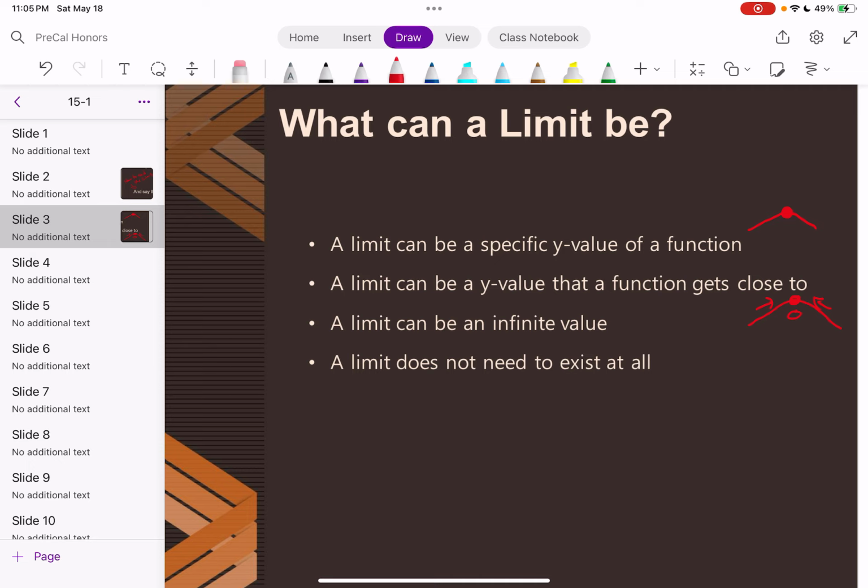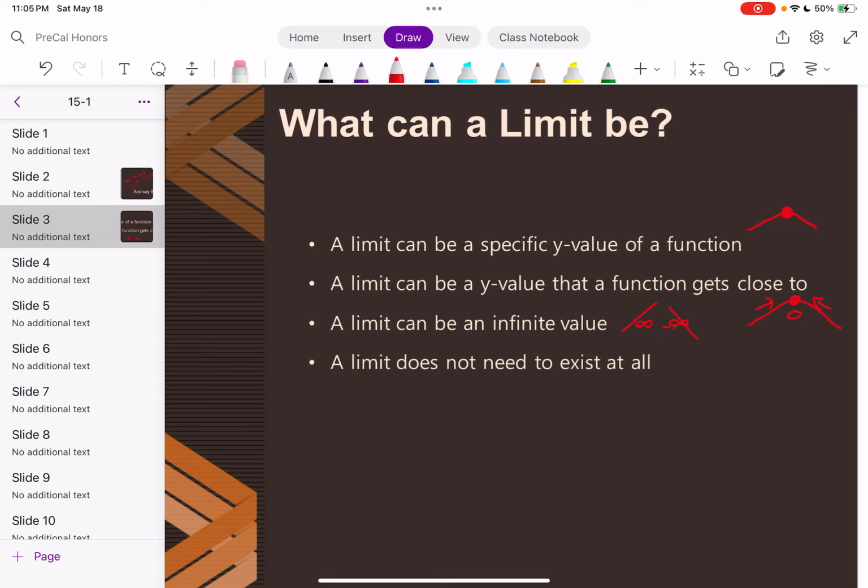What we're looking at here is where those numbers are getting closer and closer to. That's why we would say that it is a value that it gets close to. The limit can be an infinite value, meaning if it continues to go up or it continues to go down, this would be an example of positive infinity or negative infinity.